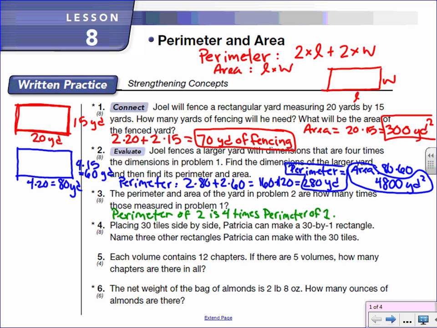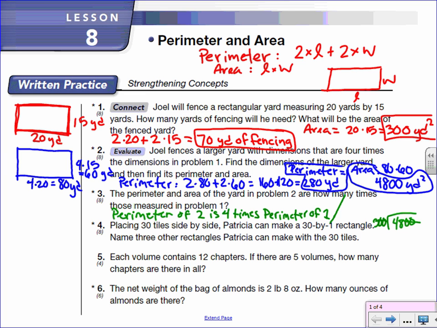What isn't so intuitive is the area. So if we look at the area, 4,800 versus 300. How many times does 300 go into 4,800? What I might do is just take off the zeros, since there's 2 zeros here and 2 zeros here. So how many times does 3 go into 48?